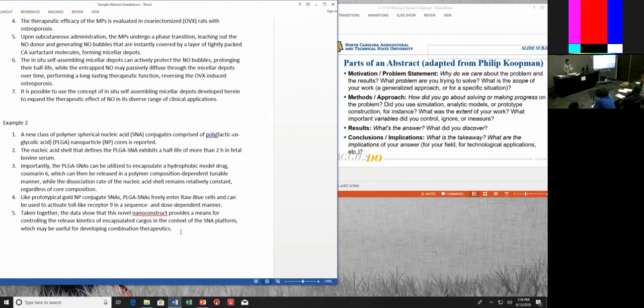Sentences 5 and 6 sort of go into the theory behind why they expect their method to work, but I would expect a sentence or two that would say, this had a significant effect, or we observed in rats that this affected the osteoporosis.